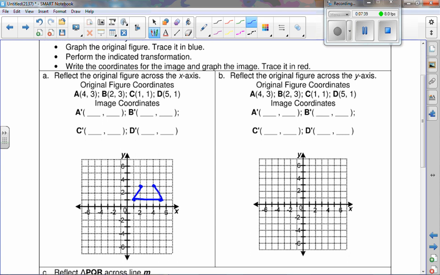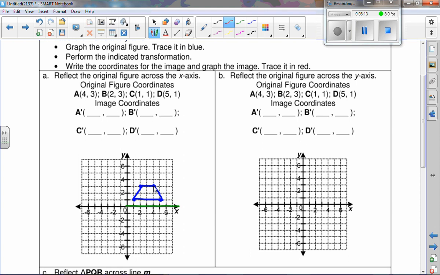So now we have to figure out the coordinates for the new shape if we reflect it over the x-axis. So I want to highlight the x-axis so we know what we're going to reflect over, because I know sometimes you get confused which one's the x and which is the y. So the x-axis is horizontal, so I'm going to reflect over that axis. And what that means is that if I fold my paper right there, my 2 shapes should match up.